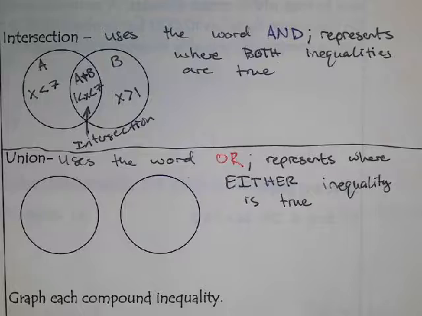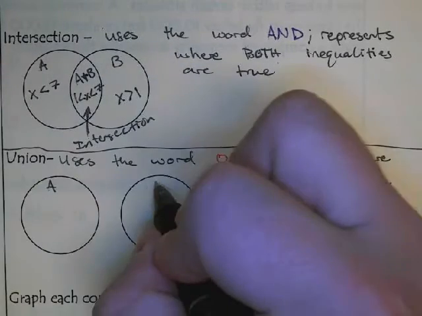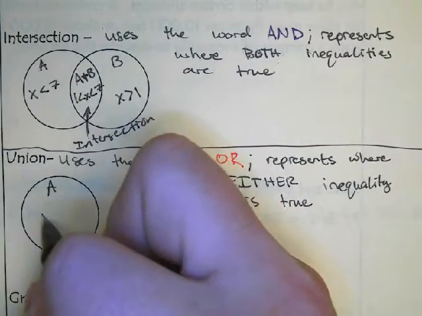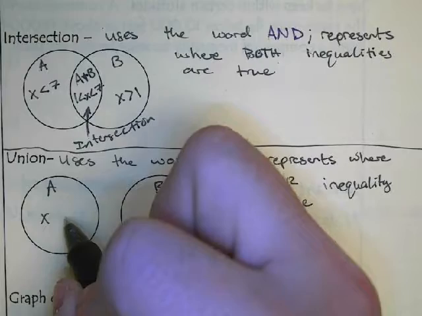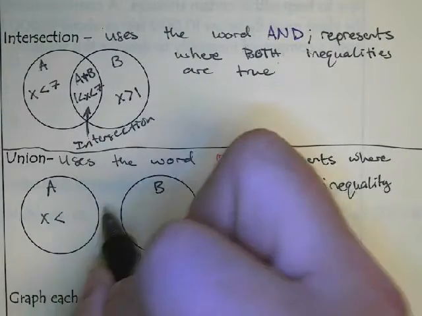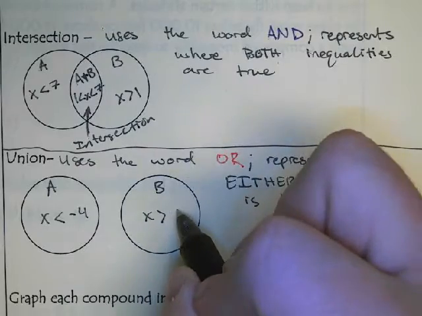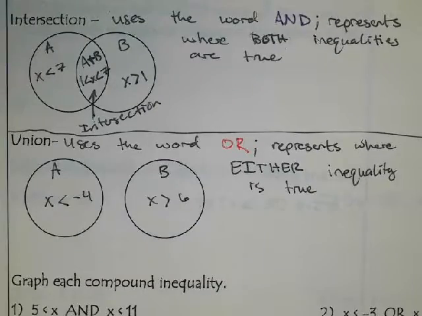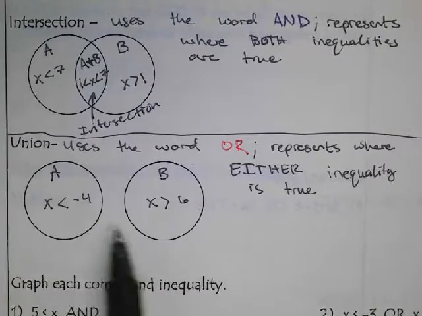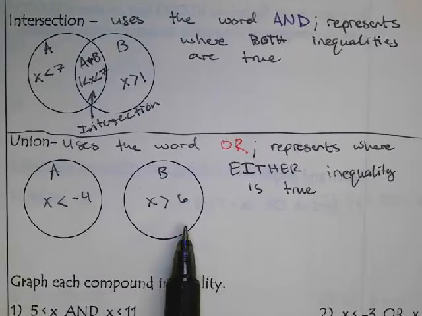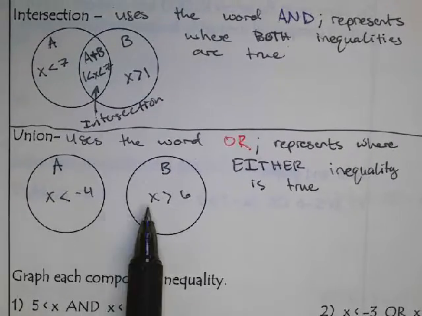Let's just make up an A and a B. We'll say A is x less than -4 and B is x greater than 6. We're just looking for numbers that satisfy either one. So even if I pick, say, -7, it satisfies A, but it doesn't satisfy B. It satisfies one of them, and that's all we need.